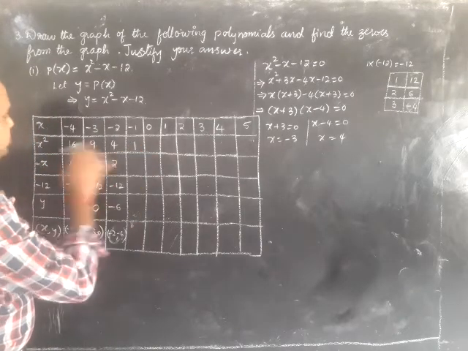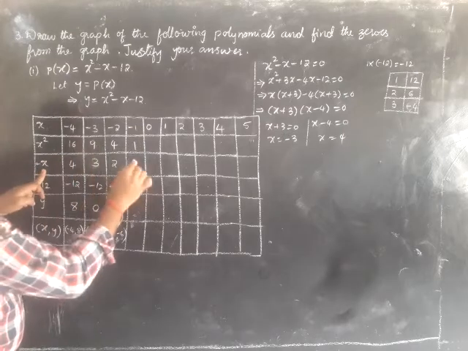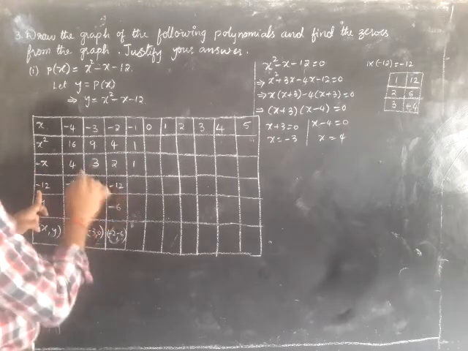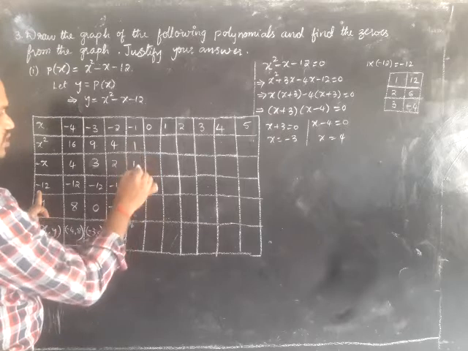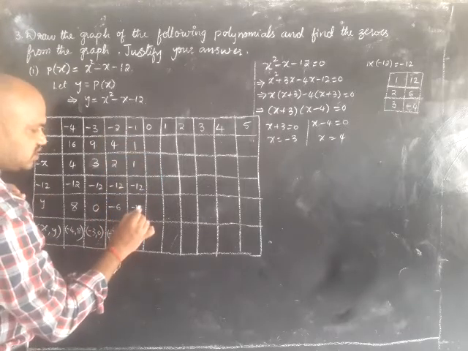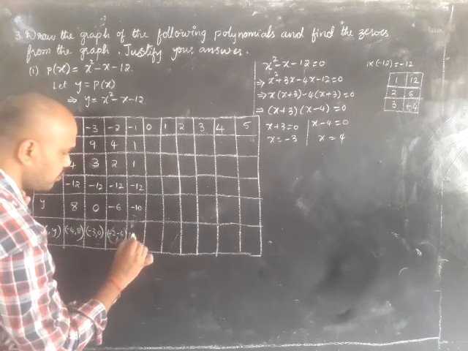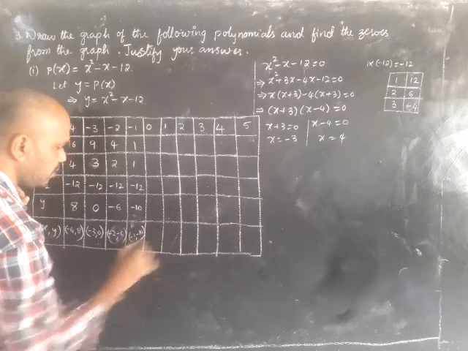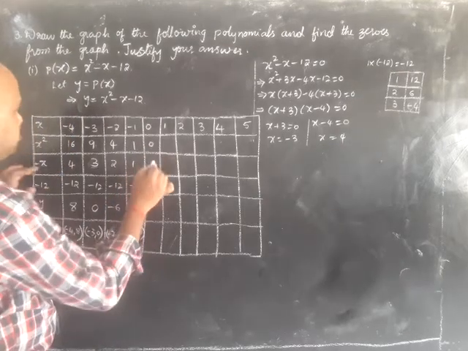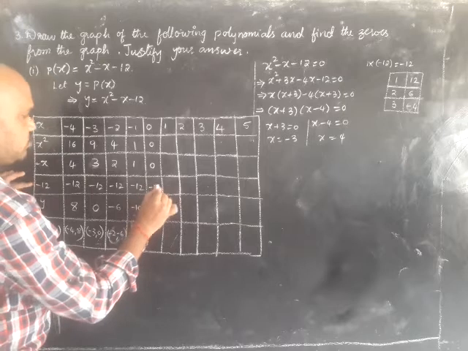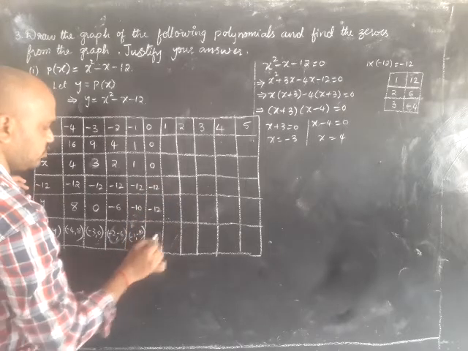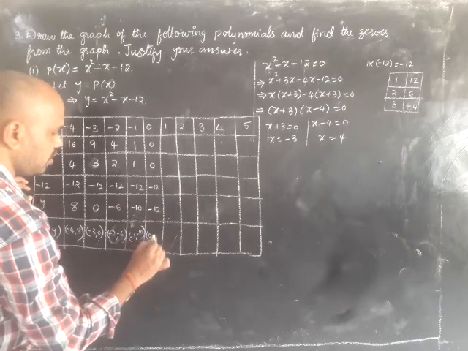Minus 1 square is 1. Minus into minus is plus 1. Minus 12. 1 plus 1 is 2, minus 12 is minus 10. The point is minus 1 comma minus 10. For 0, 0, minus 12, we get minus 12. So 0 comma minus 12.